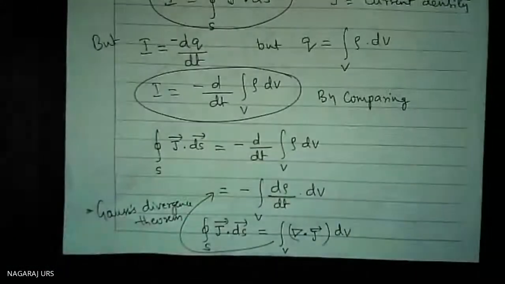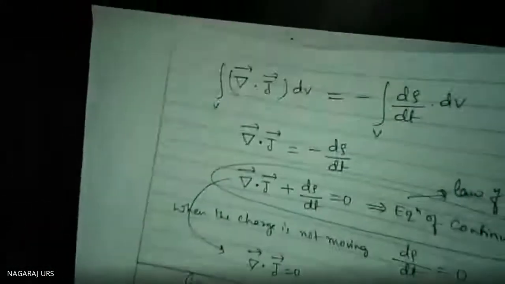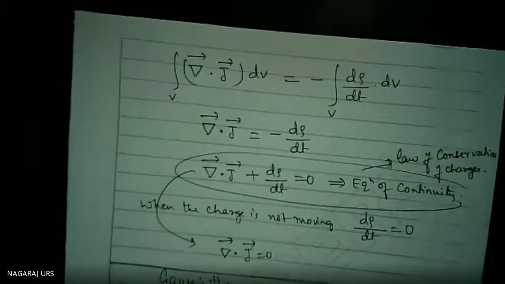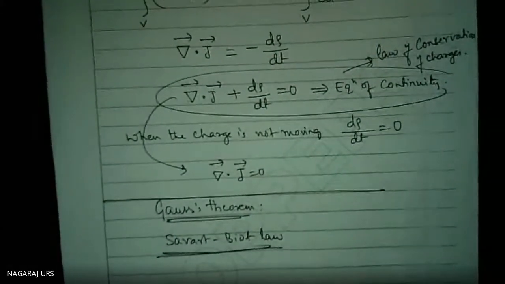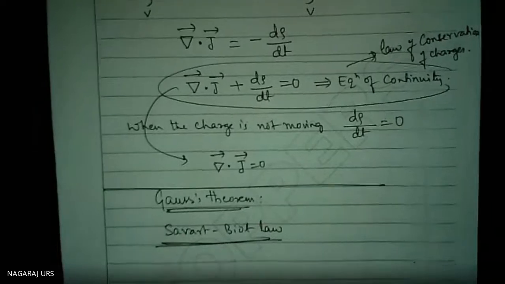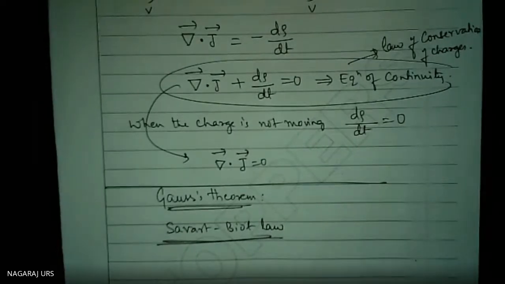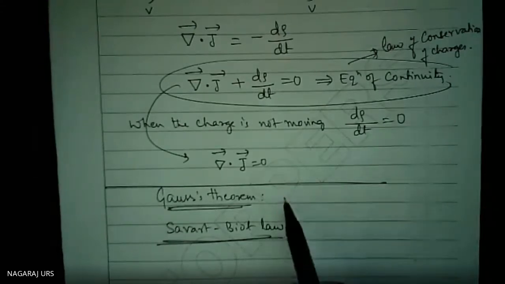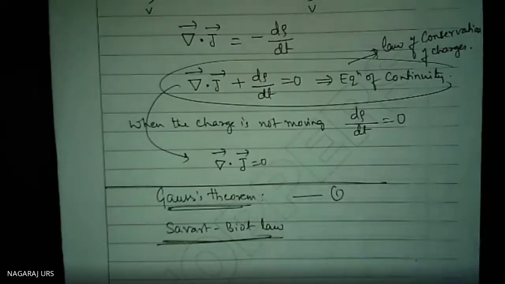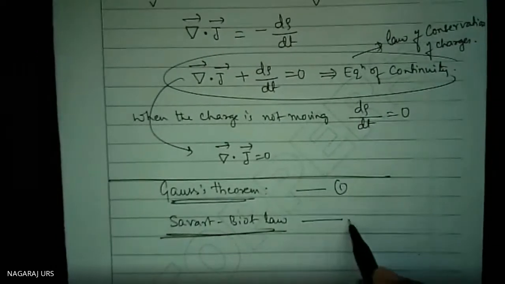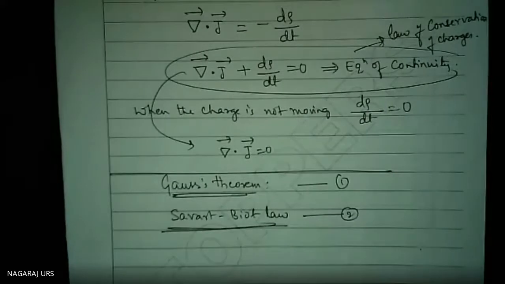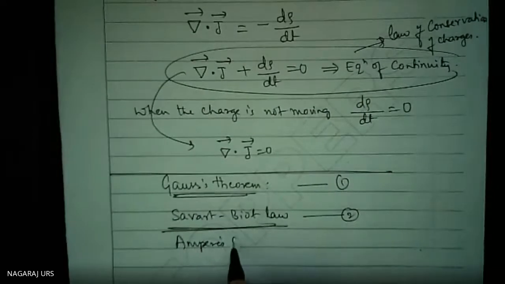Now, coming to Maxwell's field equations here. Maxwell derived the 4 equations by using the basic 4 laws. Which are the basic 4 laws? I said Gauss theorem. Using that, he derived equation number 1. Using the Biot-Savart law, he derived the second equation.